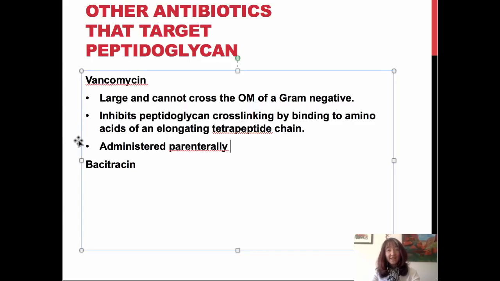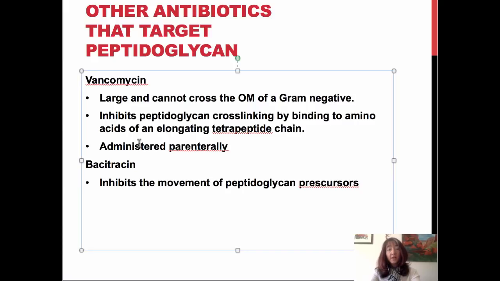Now is the time when I get to tell you that we are also seeing many cases of VRSA, or vancomycin-resistant Staphylococcus aureus. I'll end our coverage of those antibiotics that target peptidoglycan by looking briefly at bacitracin. Bacitracin actually inhibits the movement of peptidoglycan precursors across the cell wall.